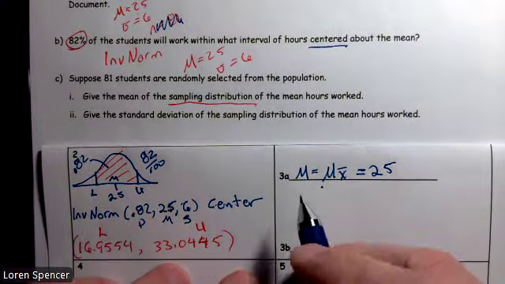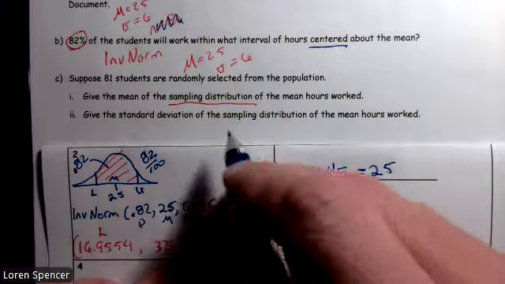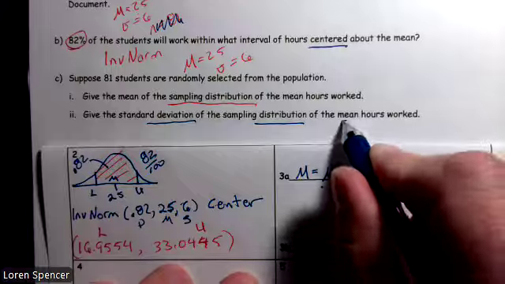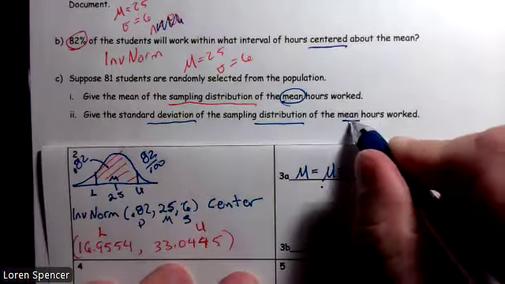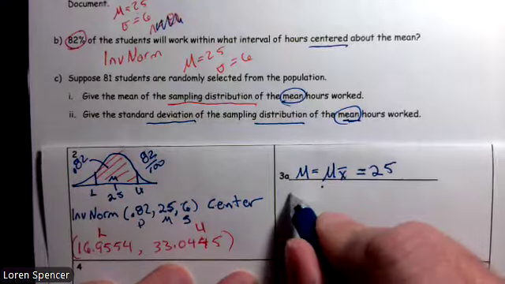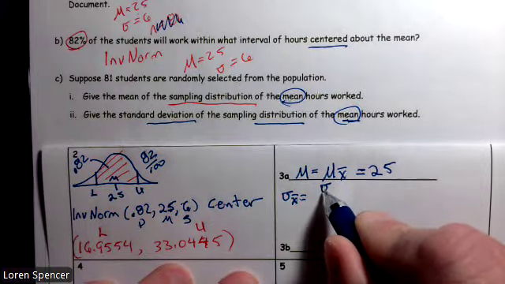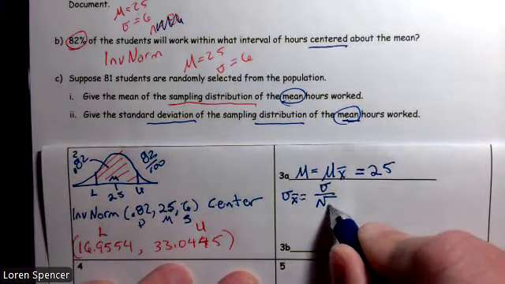On the sampling distribution, we have to do a little bit more work, because that's the standard deviation of the sampling distribution of the mean. So they're asking about the mean, and that's the key word. So we're looking for the standard deviation of X bar, which equals the standard deviation of the population divided by the square root of n.